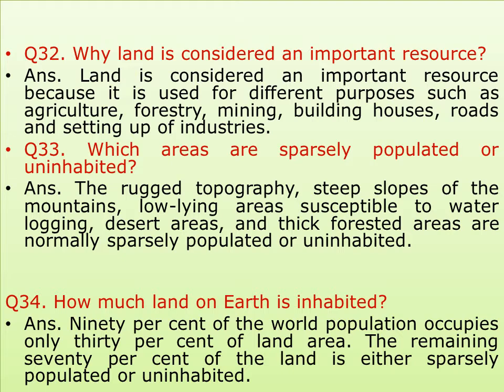Question number 32. Why is land considered an important resource? Answer: land is considered an important resource because it is used for different purposes such as agriculture, forestry, mining, building houses, roads, and setting up of industries.